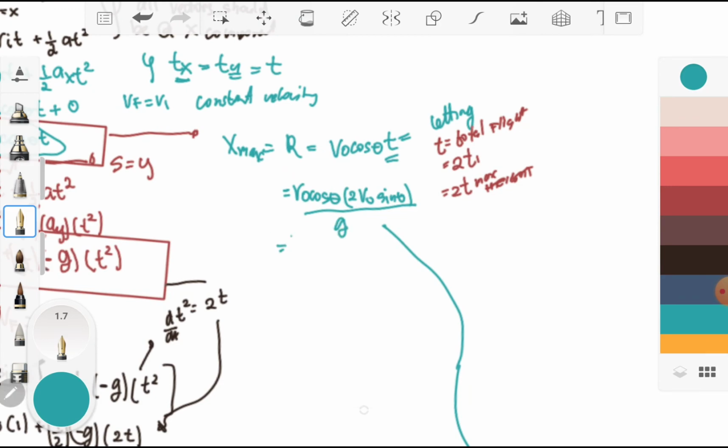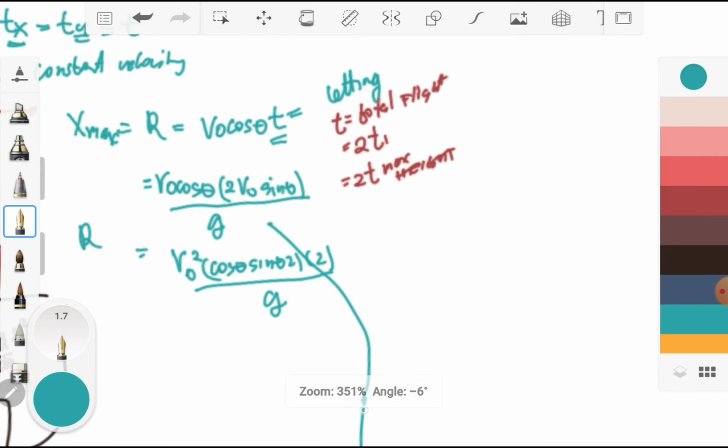So particularly, masosolve mo yung value ng x max natin or yung range mo, which is equal to VO squared cosine theta sine theta multiplied by our 2 all over G. So take note that our cosine theta sine theta multiplied by 2 is a double angle formula for your sine 2 theta. Right?